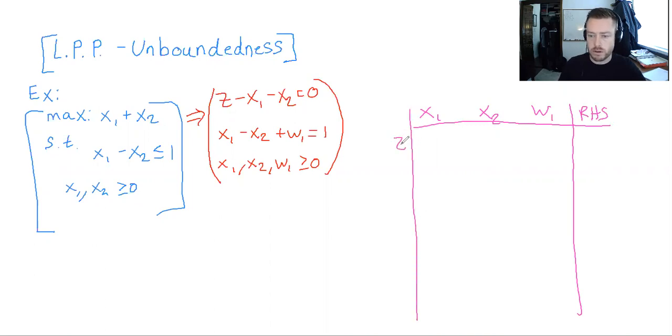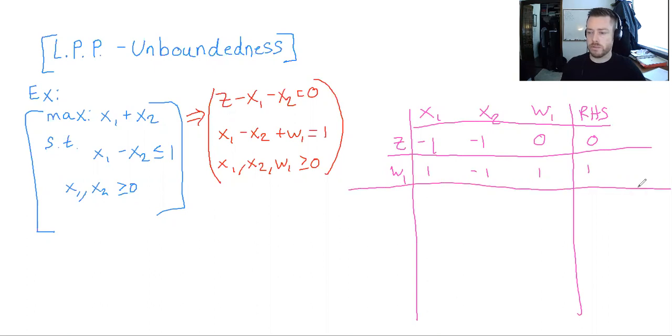Going down, we have our objective function here, which was z, -1, -1, 0, 0. Our variable on the left-hand side here is going to be w1 because we only have one constraint. So it's going to be x1 is 1, x2 is -1, w1 is 1, and the right-hand side of that is equal to 1.